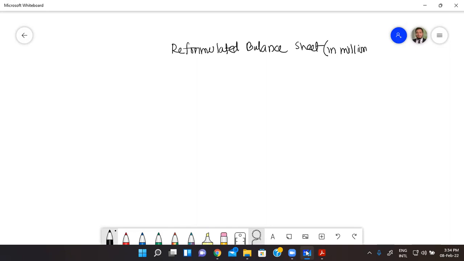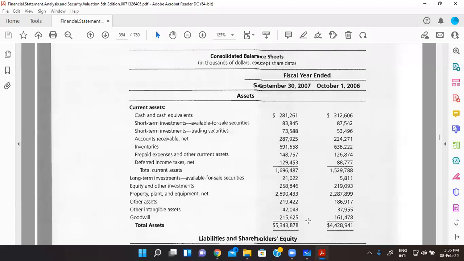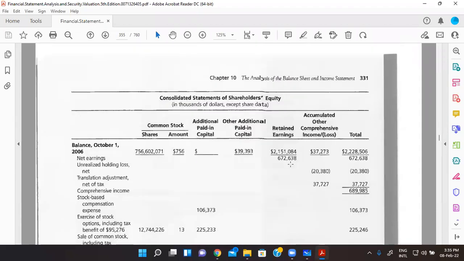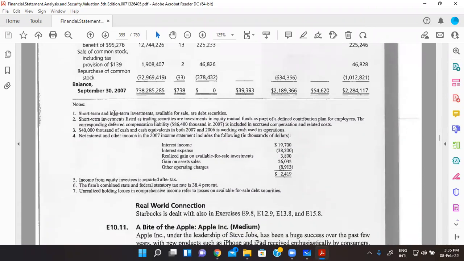If you look at the notes provided in the financial statements, you will see it has been mentioned regarding the cash and cash equivalents: $40,000 of cash and cash equivalents in both 2007 and 2006 is working cash used in operations.